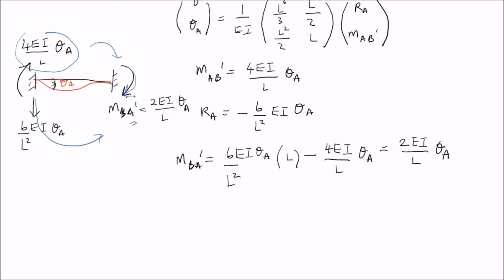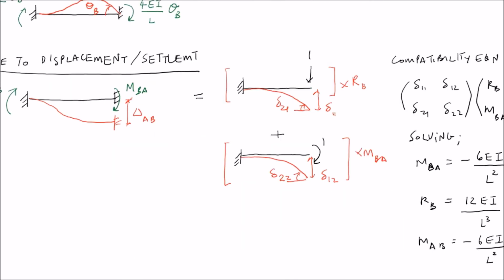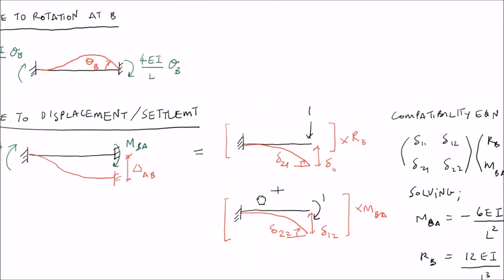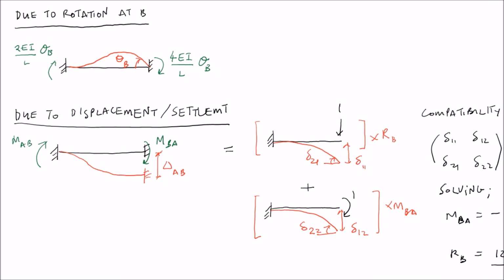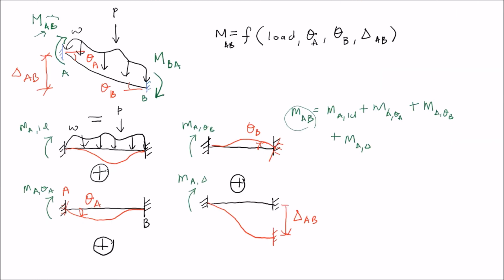So I actually drew this. Look at the first part here. First, only due to rotation at A, so we've solved this. Then we are going to look at the others.